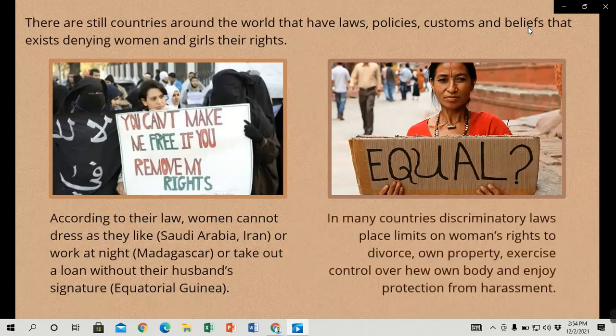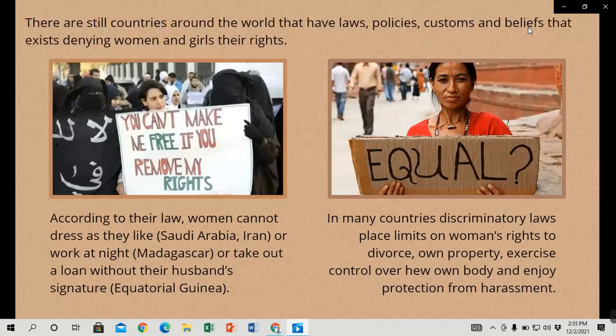So in many countries, discriminatory laws place limits on women's right to divorce, own property, exercise control over their own body, and enjoy protection from harassment. So there are still laws that put limits on the rights of women, even to divorce, on the work pay that they need to receive, on their right to own a property, on the right to wear what they want, on what they can do to their body.